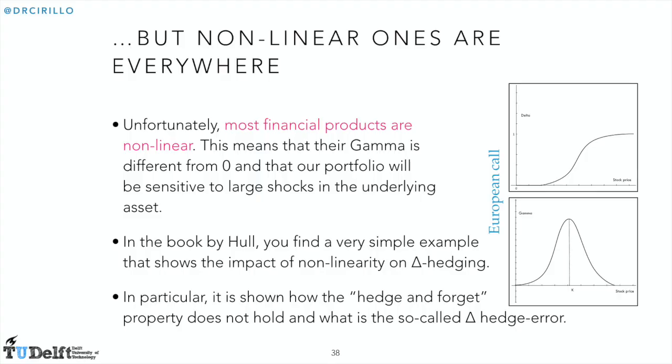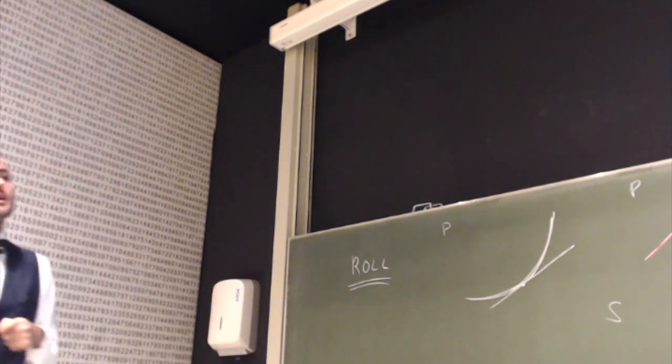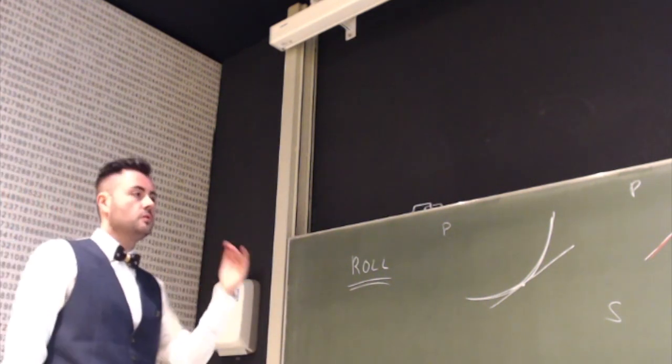But the sad reality is that linear products are just a minority of the products you can actually trade on the market. Most products are non-linear, so there is a non-linear relation between the value of the product and the underlying, the value of the portfolio and the price of the underlying.